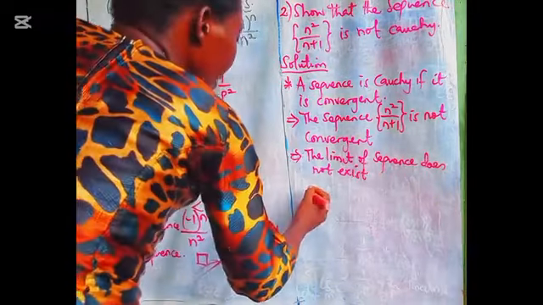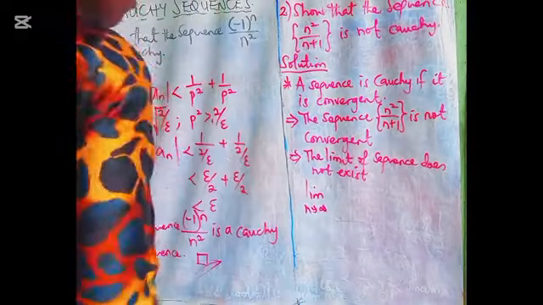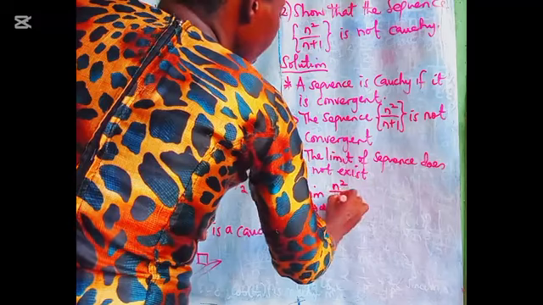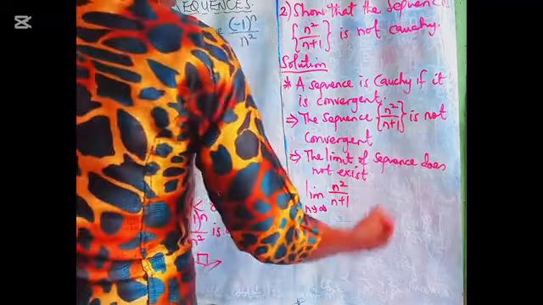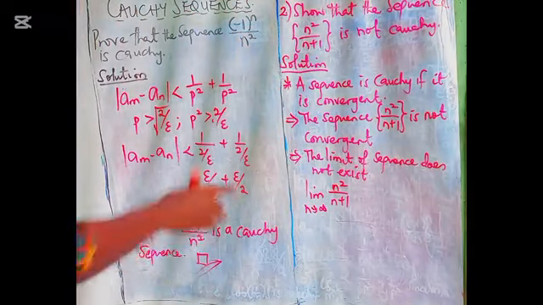Let's go ahead and show that the limit as n tends to infinity of n squared over n plus 1 truly does not exist.